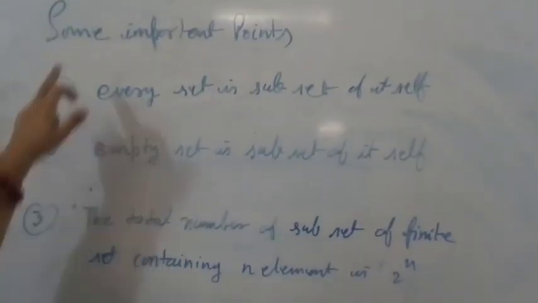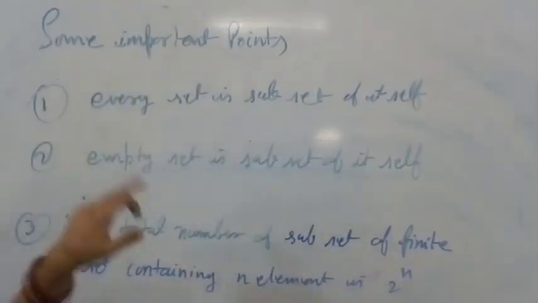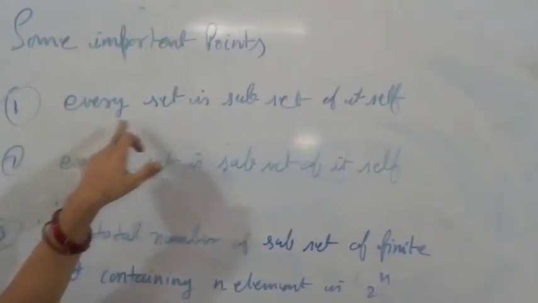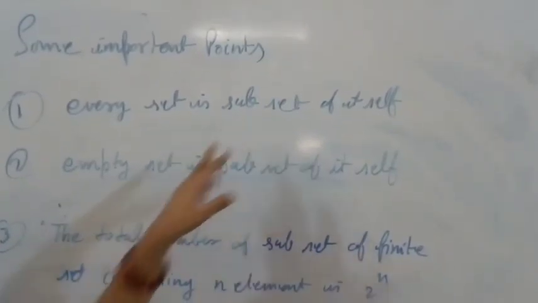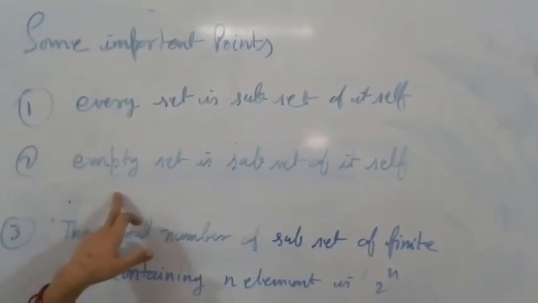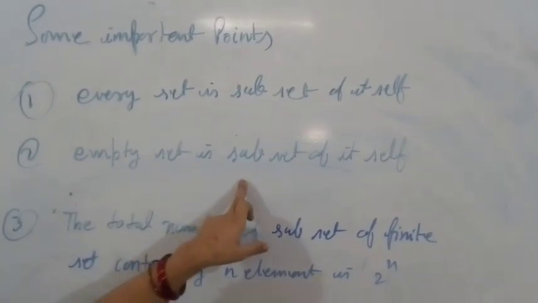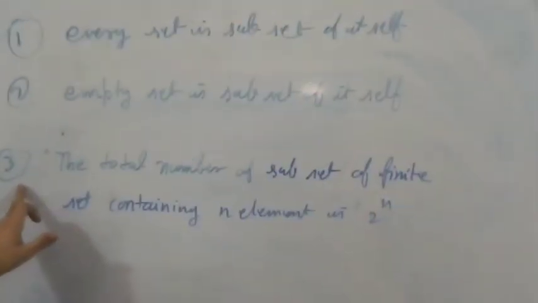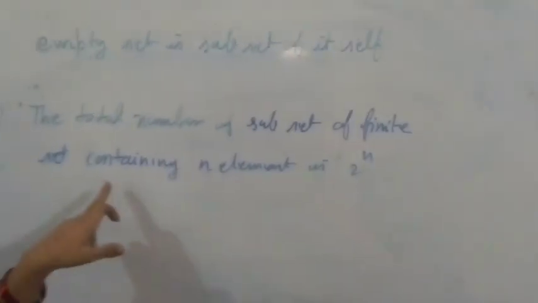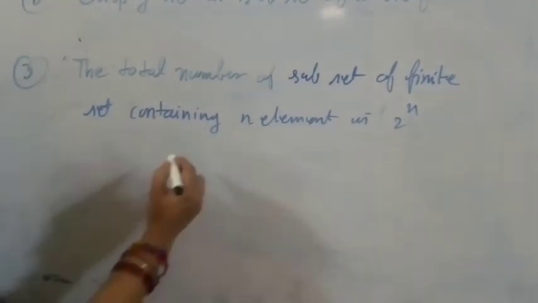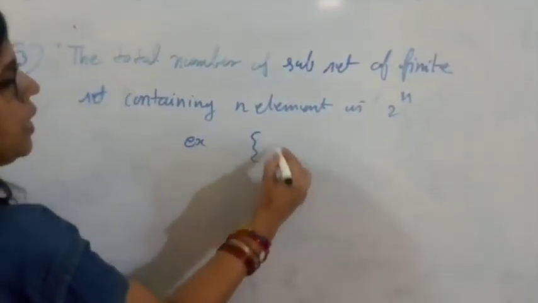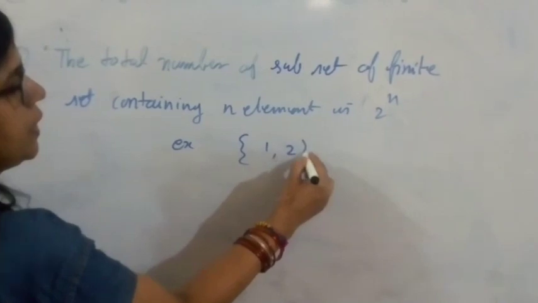Some important points for the subset. First, every set is a subset of itself. And one more, the empty set is a subset of every set. And third, the total number of subsets of a finite set containing n elements is 2 to the power n. For example, suppose we have two elements 1 and 2.